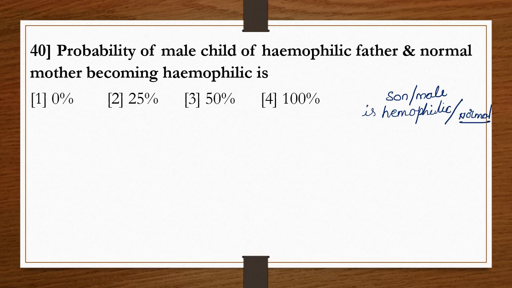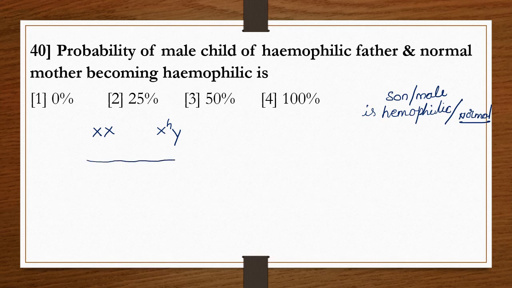Now the father has the hemophilic gene and the mother is normal. Because hemophilia is X-linked, the mother is XX and the father is hemophilic, meaning the defective gene is present on the X chromosome, X^H Y. Then take the gametes and draw the Punnett square.